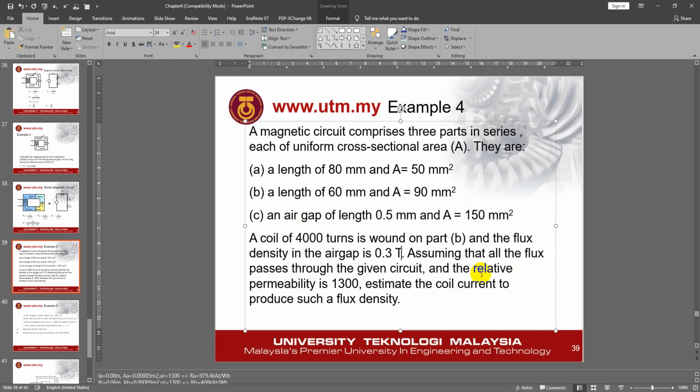Your syllabus doesn't consider flux leakage, so just consider all the flux is in the circuit, and the relative permeability is 1300, which means all the material here is the same. Mu r equals 1300. Estimate the coil current to produce the flux density. So they want you to find the current.